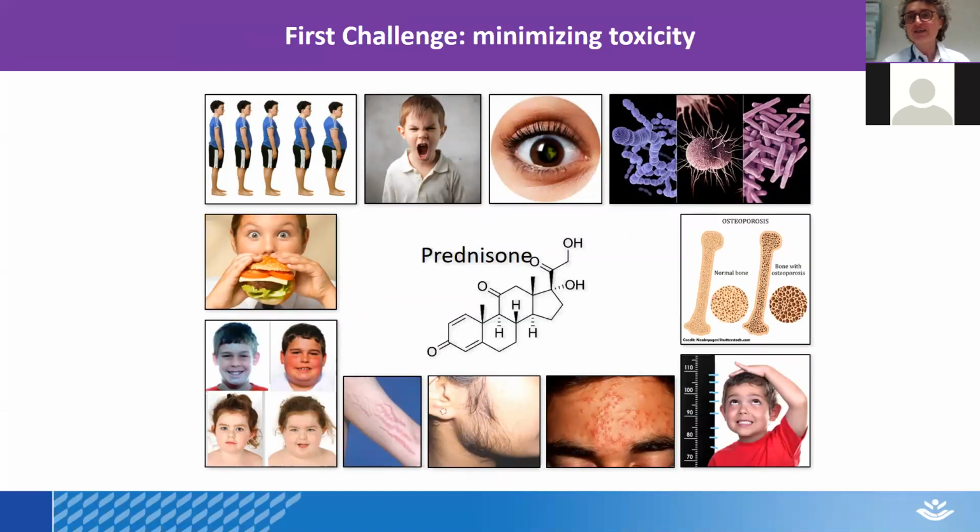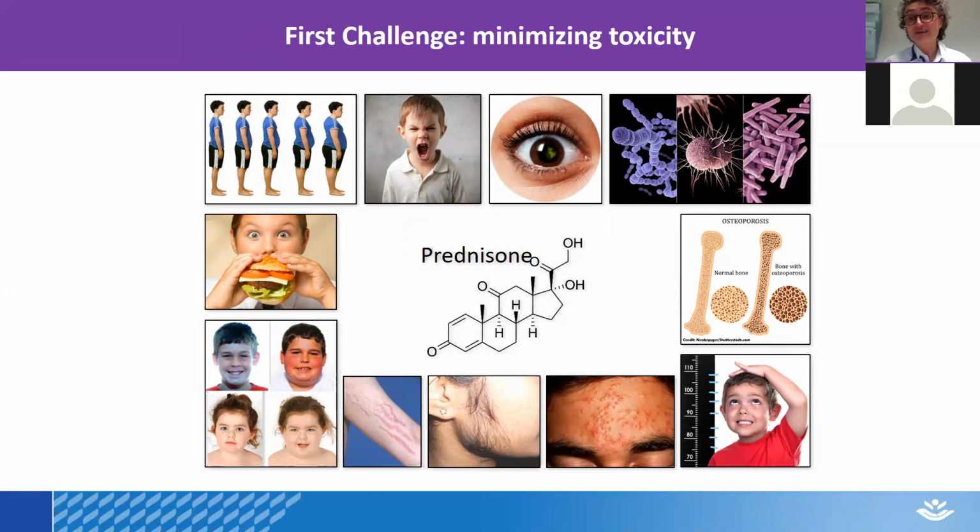So the first challenge when we're trying to manage these patients appropriately, and this is probably something that is very near and dear to many of you, is to minimize toxicity, because we all know how unpleasant steroids, oral steroids, or even worse, IV steroids can be. And we all know that at the beginning, when you also have a lot of proteinuria and you tend to swell up because of that, the combination of the two things can be very, very difficult.